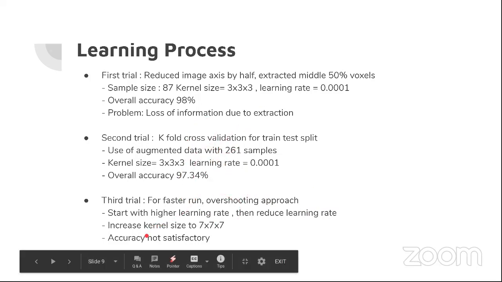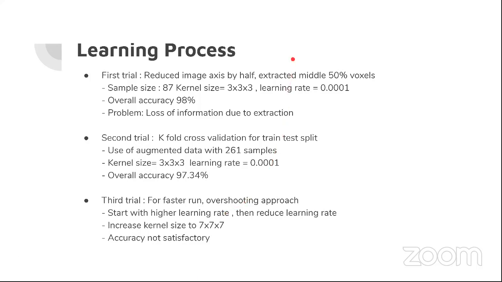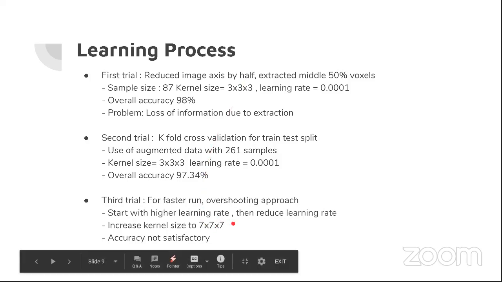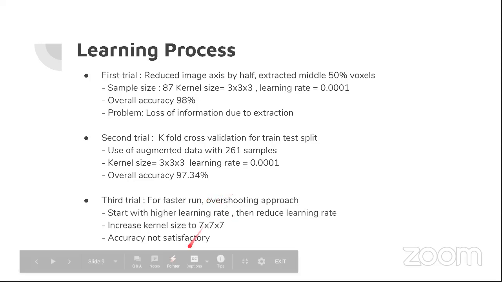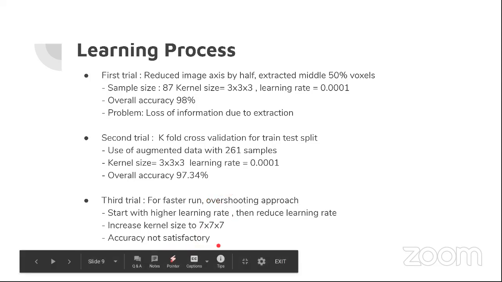Here we increased the kernel size to 7 by 7 by 7 so as to reduce the number of parameters. Originally we had about 341,000 parameters, and here we reduced the parameters by 10-15,000. This helped us in reducing training time, but the accuracy was not yet satisfactory.